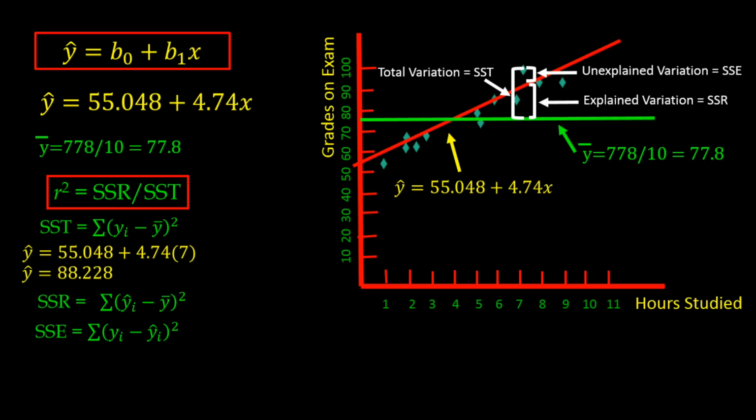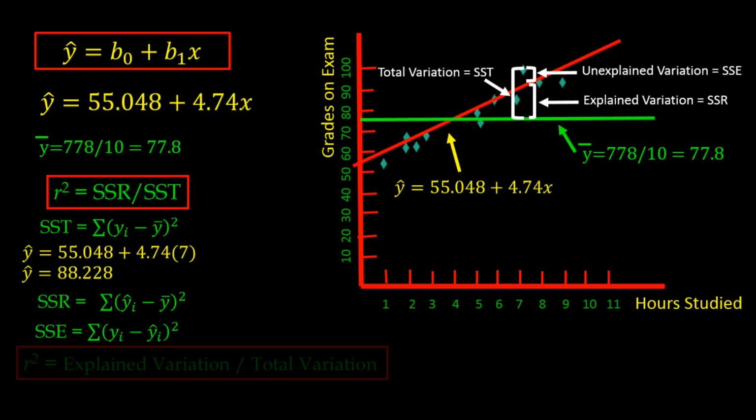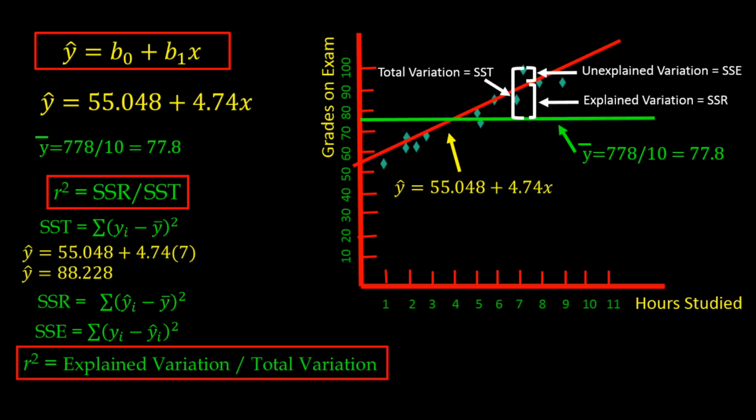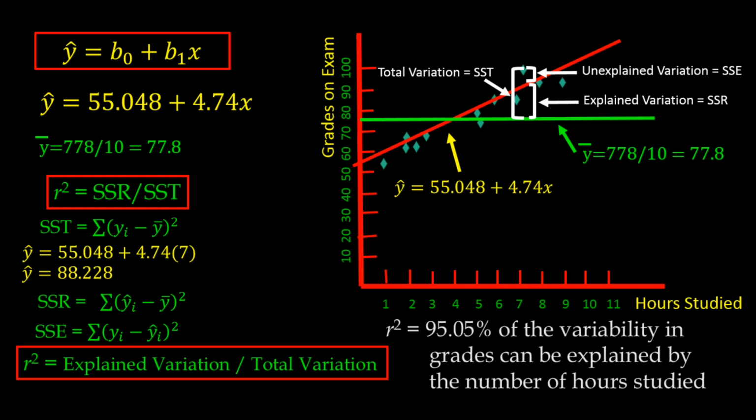So going back to our equation, R squared is SSR divided by SST, and you can see now that that means R squared is explained variation, SSR, divided by total variation, SST. So when we calculated our R squared value, we got 0.9505, and we said that that meant that 95% of the variability of grades can be explained by the number of hours studied.